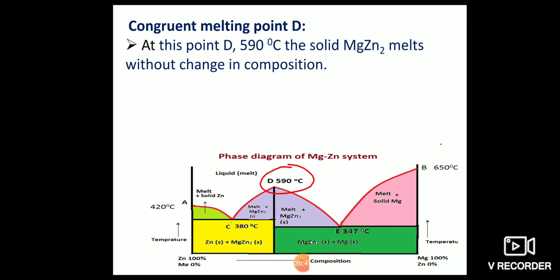At this point D, the solid MgZn2 melts without change in composition. That is, the melt and the solid both have the same composition, MgZn2.